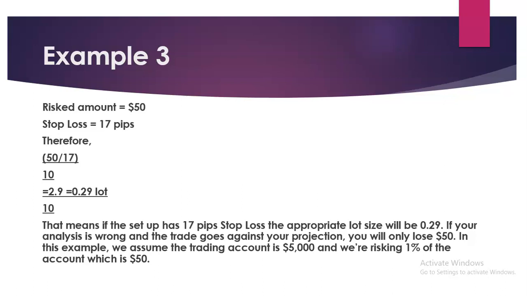If your analysis is wrong and the trade goes against your projection, you will still lose only $50. So I think you're seeing how the difference in the size of the stop loss is not affecting what you are risking. Okay, so this is how to do position sizing.